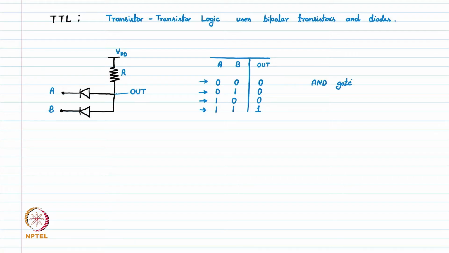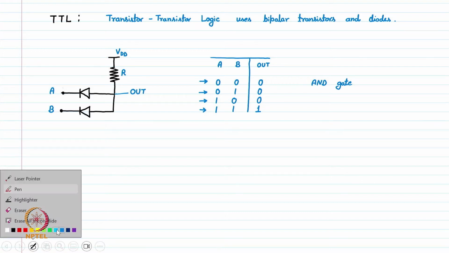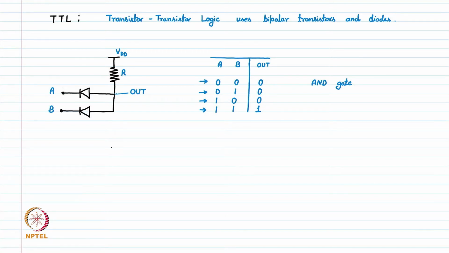Now if we want to talk about a NAND gate, which is a more general gate for digital implementation, we need to put an inverter after this output so that we can make a NAND gate.